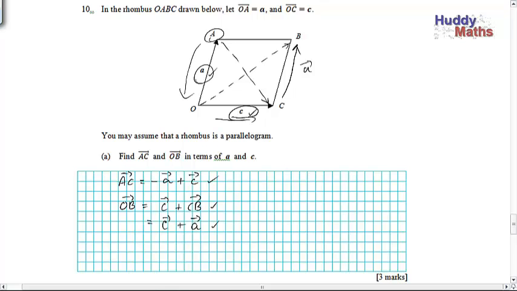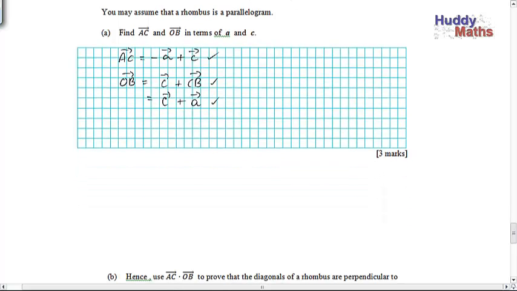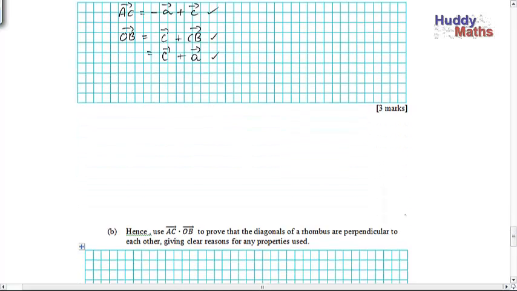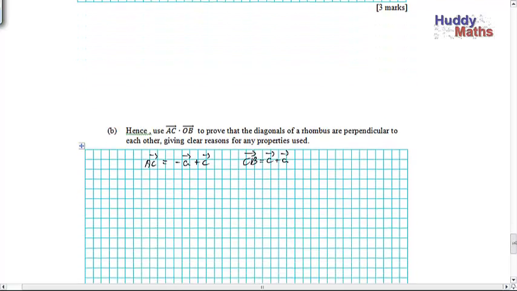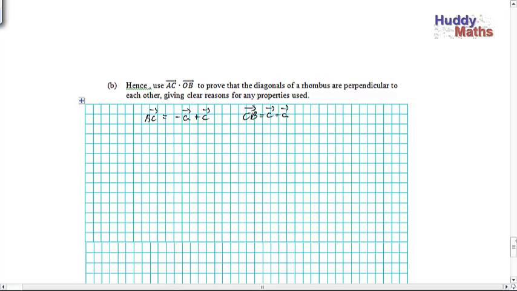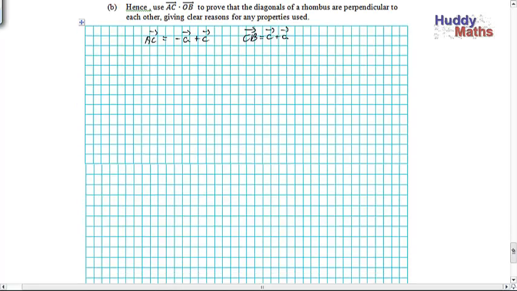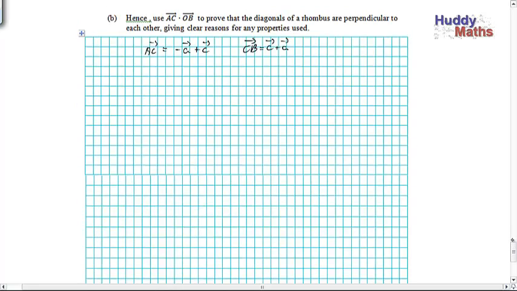Now we have to come down and look at the second part of the question using AC dot OB. Let's have a look. AC, we better look carefully. This is negative A plus C, and OB, taking it from up there, is C plus A. So let's now use the dot product. To prove the diagonals of a rhombus are perpendicular, we expect the dot product to come out to 0, don't we? So let's do it.